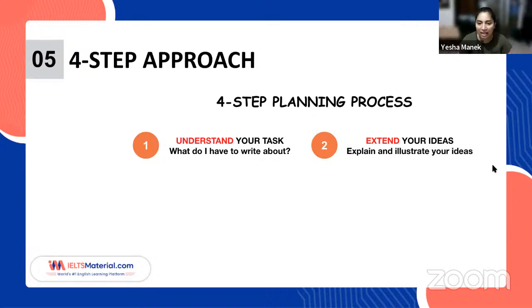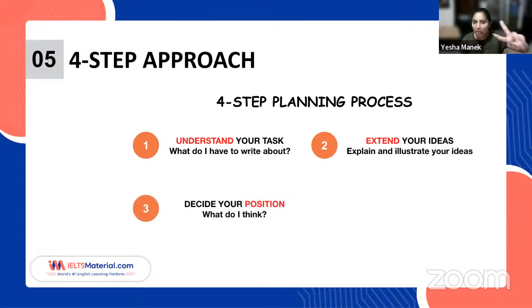I'll collect everything. And then I would decide my position. What do I think? From the two viewpoints, for example, I say I go with the first viewpoint. Okay, I would agree to that viewpoint. For example, if I say I would go with the second viewpoint, okay. And if there's a place where I have to agree or disagree, I would decide whether I should be giving agreement or disagreement.